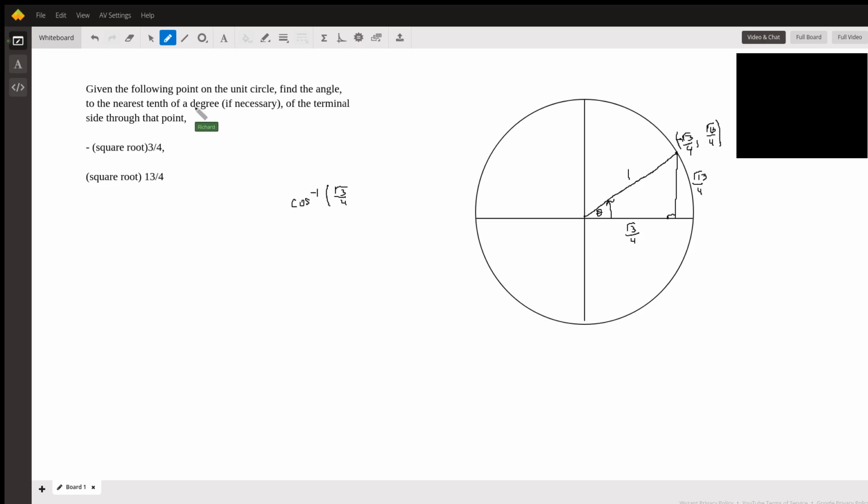The calculator has to be set in degrees because the problem is in terms of degrees. And this is giving me 64.3411, let's say. And when I find the inverse sine of root 13 over 4, I get the same thing.